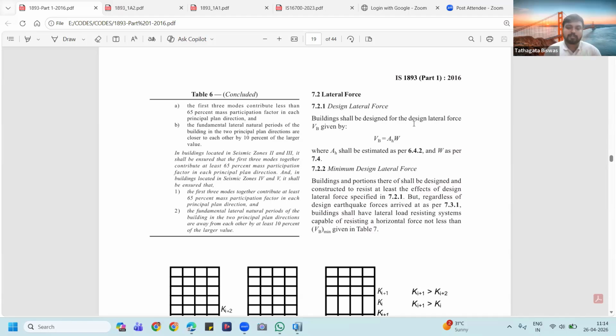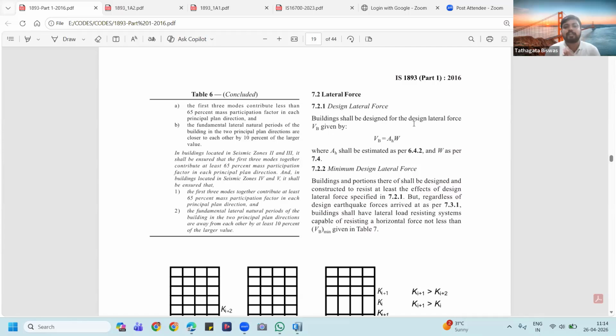So for that, the code has prescribed certain methods through which we can extract the stiffness as well as the overall base shear, whatever is acting at the base of the structure. That base shear is extracted from the model with the help of the earthquake force calculation method from the code, right?